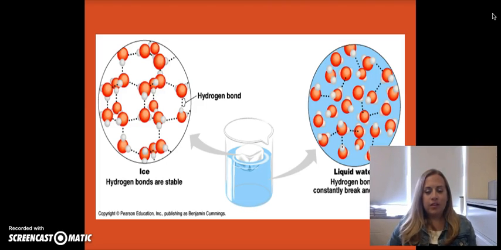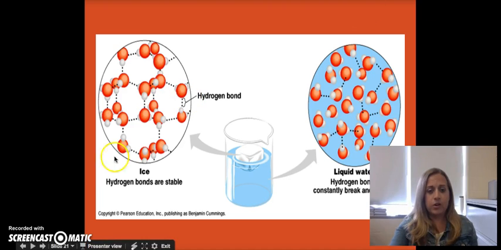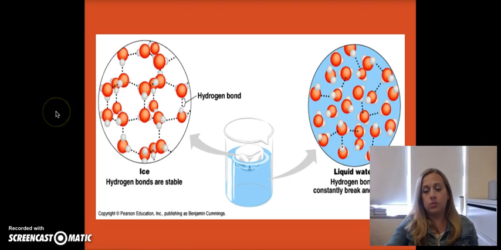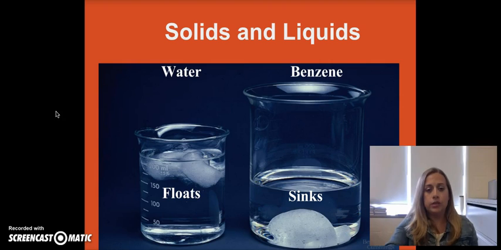Here is a diagram of what water looks like when it's frozen, and you can see all these water molecules, the hydrogen bonding attractions are still there, but it ends up holding the water molecules in a very stable structure, whereas when water is in its liquid form, the hydrogen bonds are constantly breaking and reforming. Because it's such a solid structure in ice, that's essentially why it expands when it freezes.